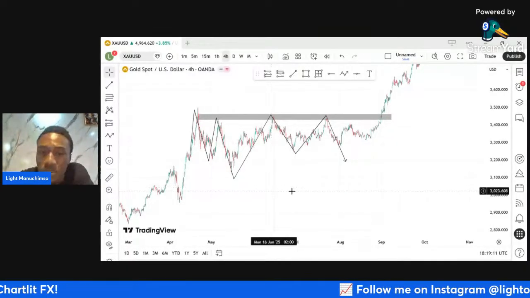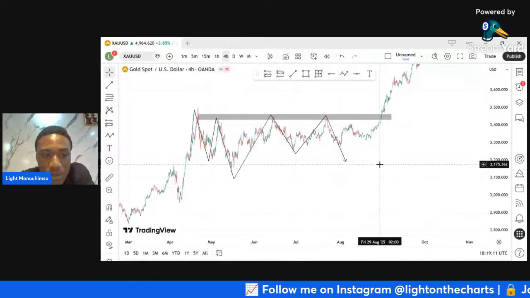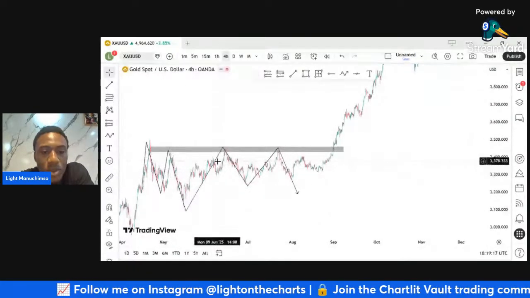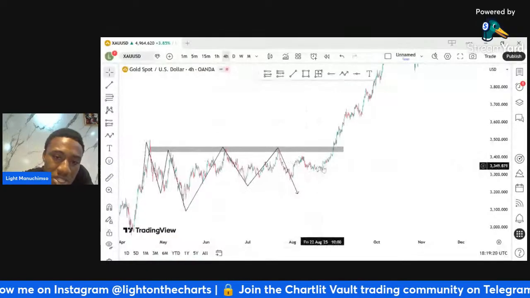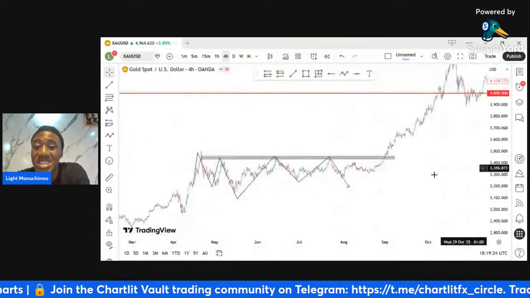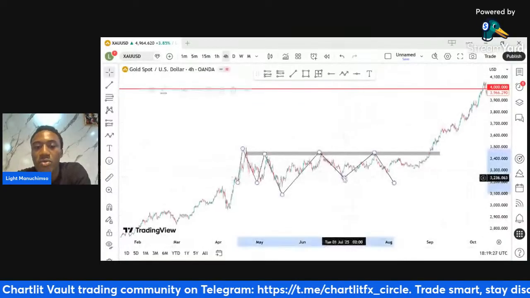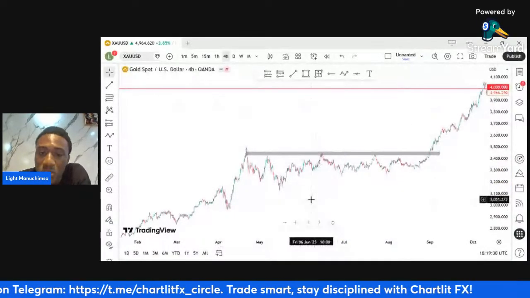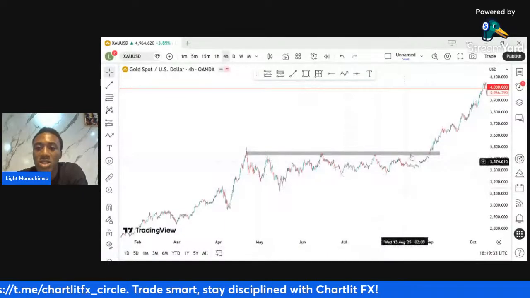That is what happened right here. It hit the first time, 1, 2, 3, 4, and then the fifth time it actually busted through. So that is what resistance is. This is a good resistance level: price got here, resisted, and busted through.